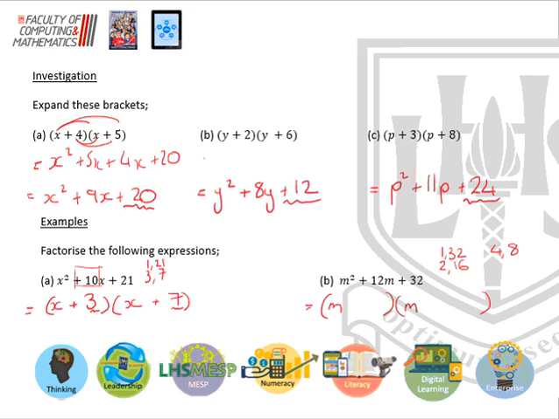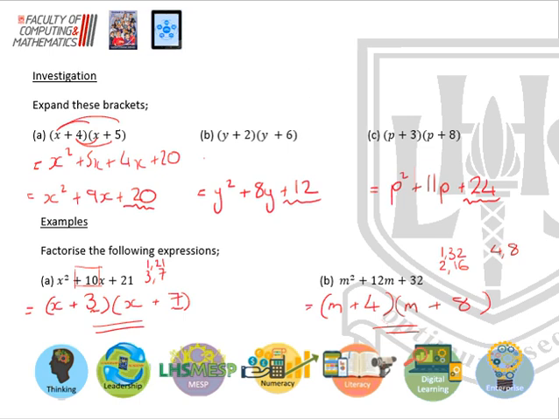Yep, I think that'll do it. Multiplying to give you a positive, so they have to be the same sign, because you're trying to add to positive 12. 4 and 8 gives me the positive 12. I'm hoping you've seen that well enough when you're doing it yourselves.